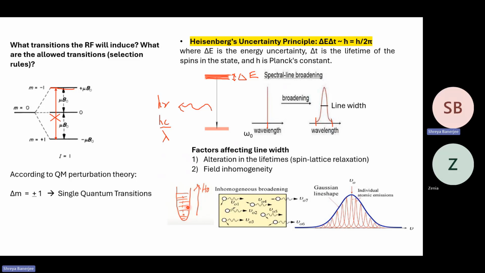It will have different values in different regions, and so each of the different nuclei is experiencing a different magnetic field. This also causes line broadening, and this is due to field inhomogeneity. So these are the two factors that affect the broadening of lines in a spectrum.